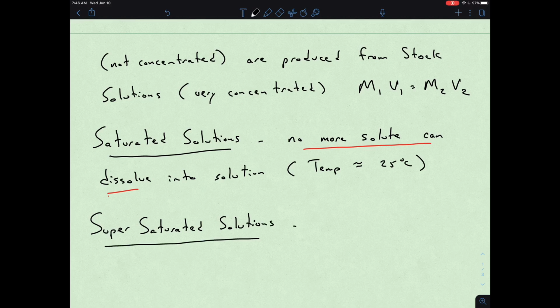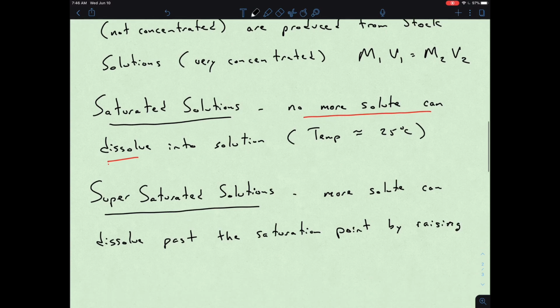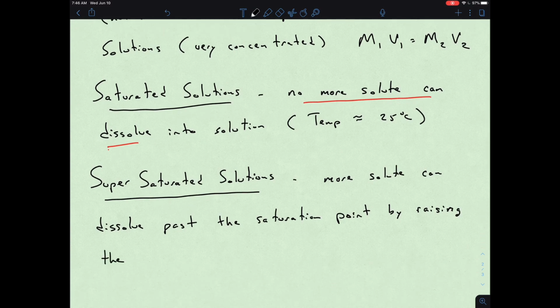And this is where more solute can dissolve past the saturation point by raising the temperature of the solution.